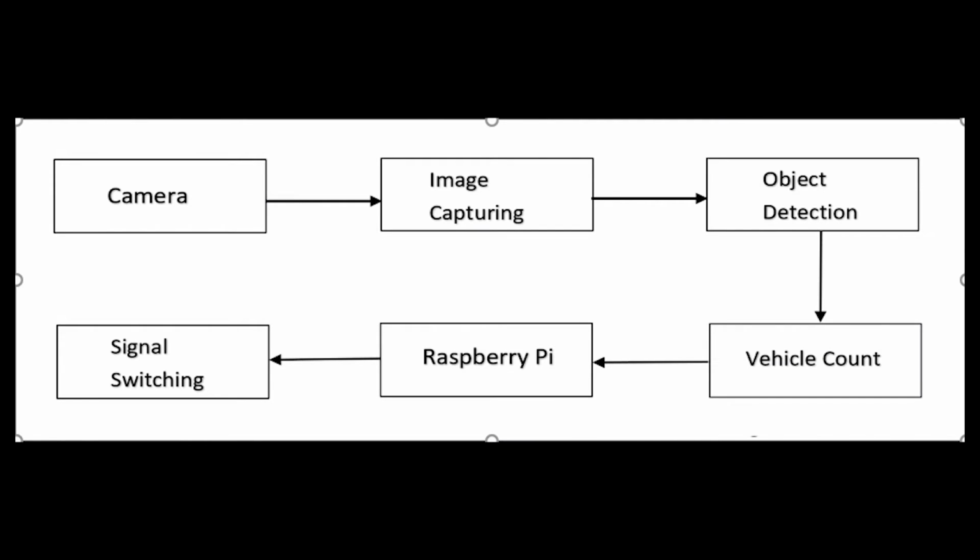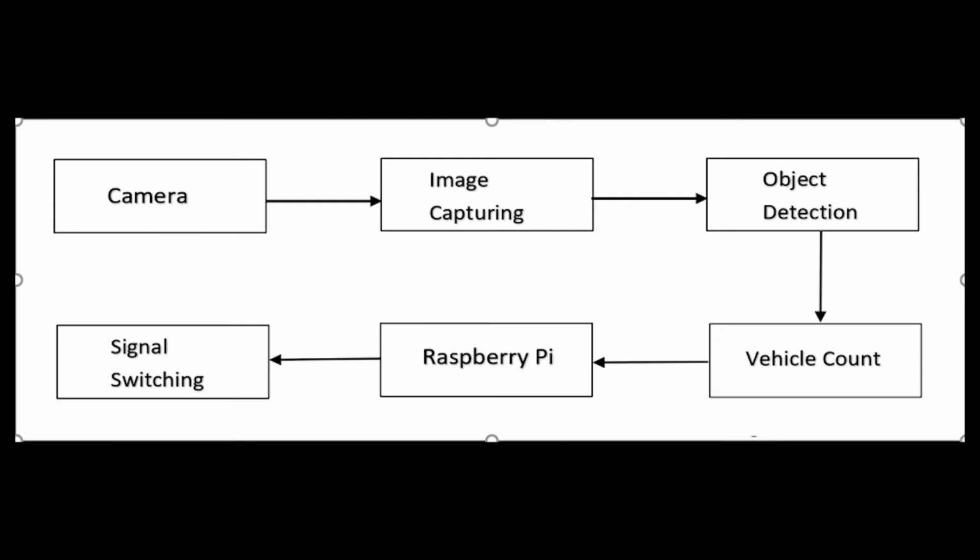Now let us understand how our project works. We have trained a machine learning model called MobileNet SSD, which is used to perform the basic task of object detection and correspondingly keep the count of vehicles and store it for further signal processing. It accepts video in the form of real time or pre-recorded footage and does the work of vehicle detection and counting.